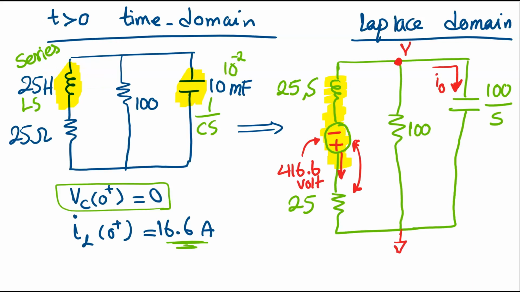So if I write KCL for V, I'm going to have V plus 416.6 divided by, don't forget that you have to include all the impedances in this branch, so you have to include both 25S and 25.